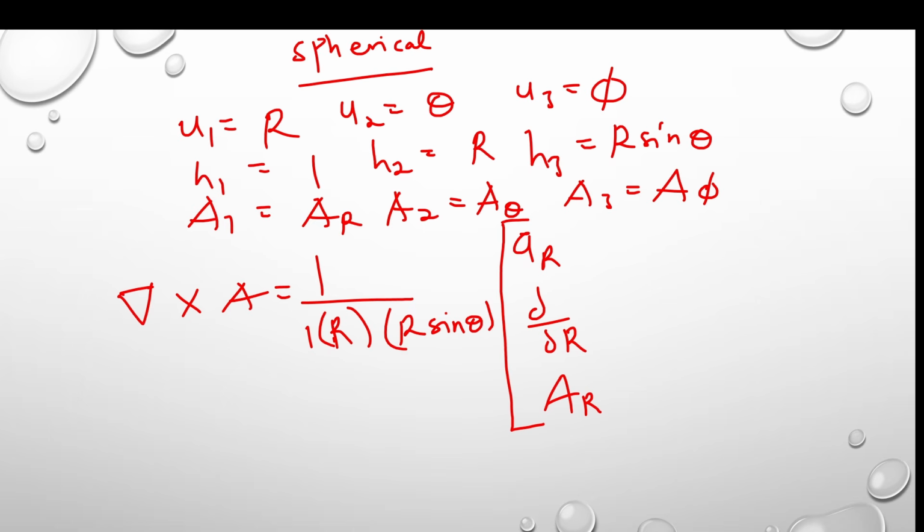And now on to the second column. We have AU2, H2. Now U2 is theta and H2 is R. So we are going to have, okay, and down here we have the U2. Now U2 is theta, so the theta. And over here too, we have H2 A2, sorry. H2 is R and A2 is A theta. Now in the final column, we are going to have AU3, H3. Now U3 is phi and H3 is R sine theta.